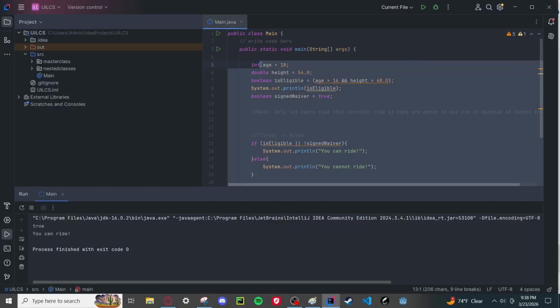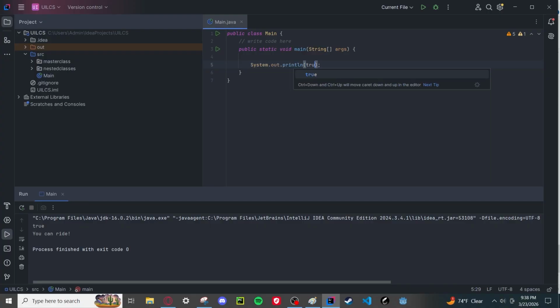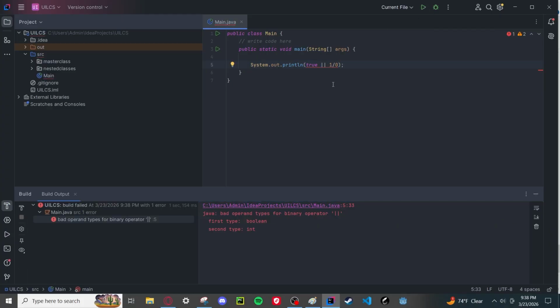So we're pretty much done with this example, so I'll delete it. Let's print out true or 1 divided by 0. If I run this, oh, sorry, because 1 divided by 0 is not a condition. Just a note, your condition is the key, what I've been saying, an expression that evaluates to true or false.